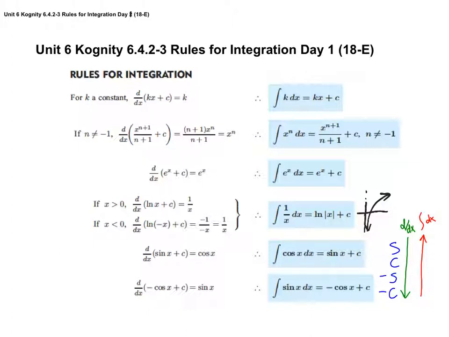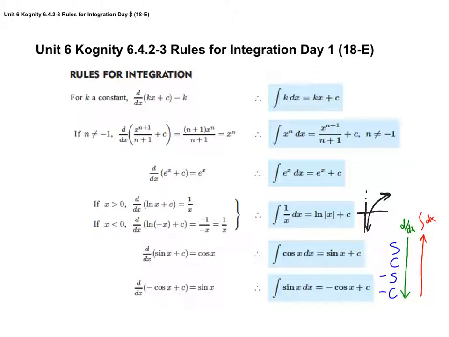Now, with sine and cosine, this is a real easy way to remember derivatives and integrals. If you just have sine, cosine, negative cosine, just put them like that, it's like a cycle, okay? If you go down, you're differentiating. If you go up, you're integrating, okay?